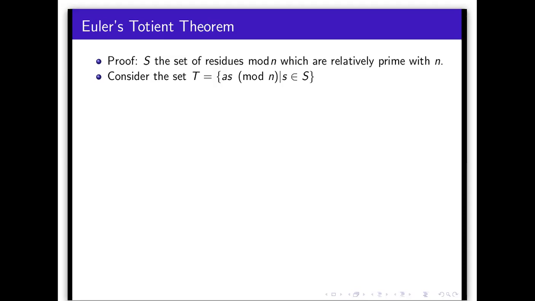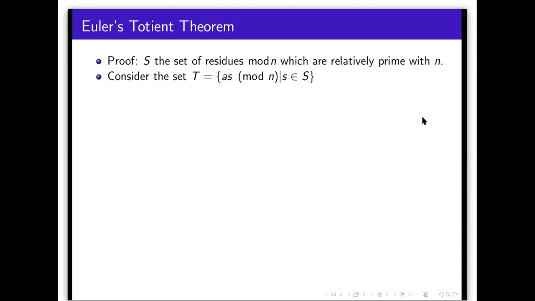One nice thing about this is that all of the elements of T are still going to be relatively prime to n, because both a and the elements of S are relatively prime to n.